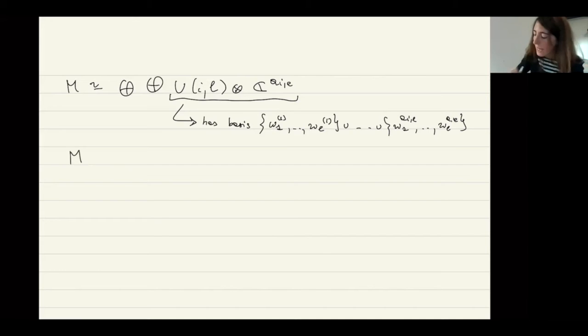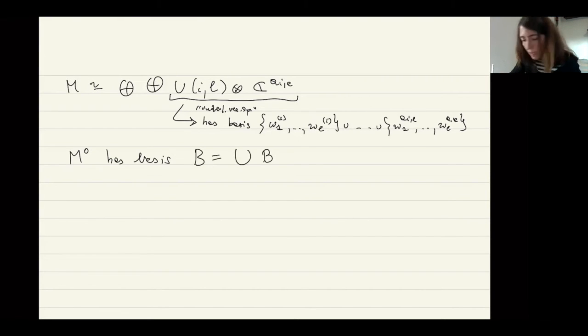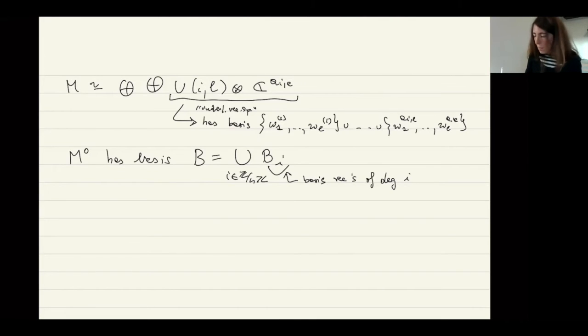Also, M^0, the underlying vector space, again has a basis consisting of all these y_{i,j,b}, which I can rearrange according to the degree. So these are basis vectors of degree i.